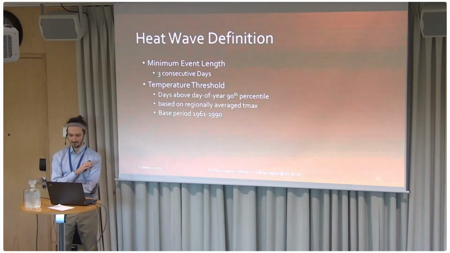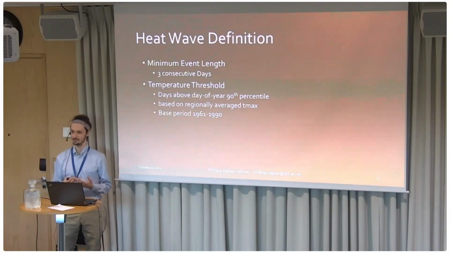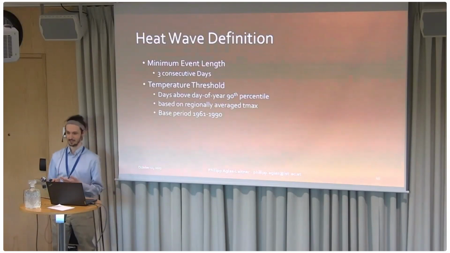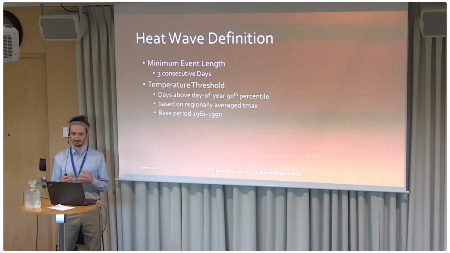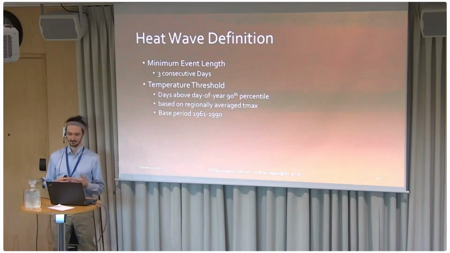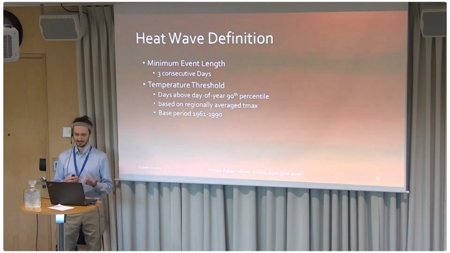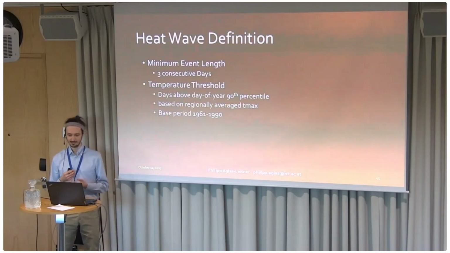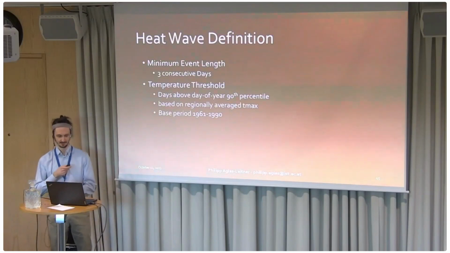We use a minimum event length of 3 consecutive days in accordance with what is often used as minimum heatwave length in the literature, where the regionally average daily maximum temperature is above the day of year 90th percentile for the respective region. Now, our climatological base period was chosen to be 1961 to 1990.